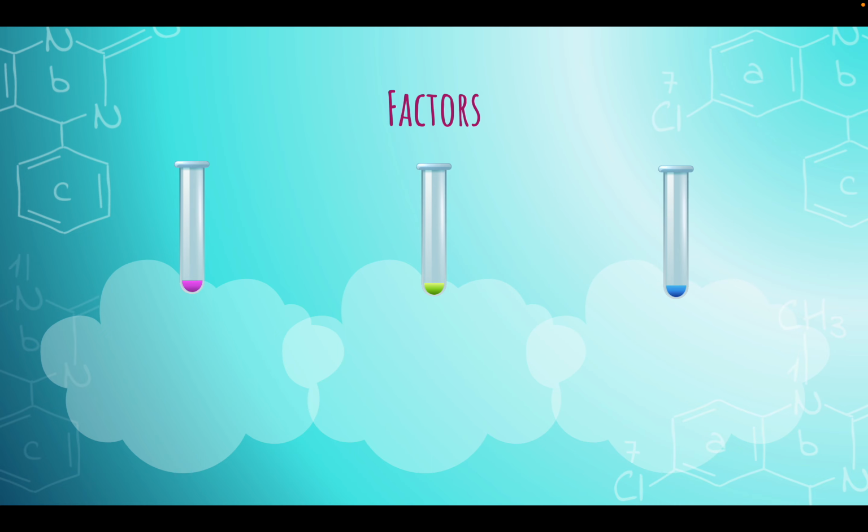Enzymes speed up chemical reactions. Enzymes are protein-based biological catalysts, each with a unique active site that fits a specific substrate, forming an enzyme-substrate complex. So enzymes lower the activation energy, making reactions occur more quickly.